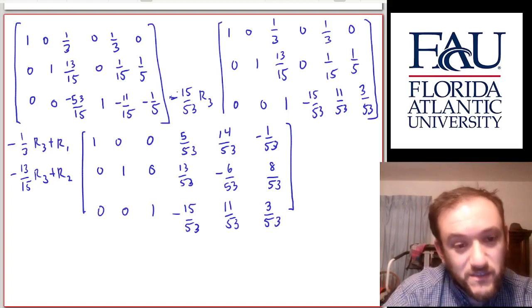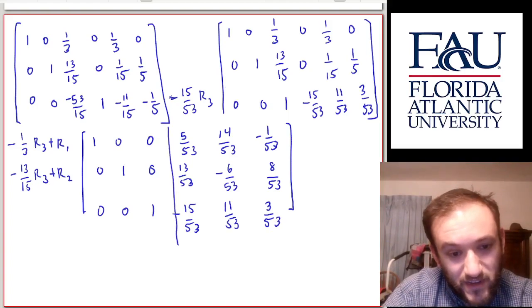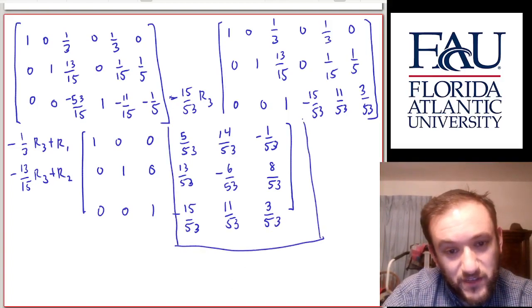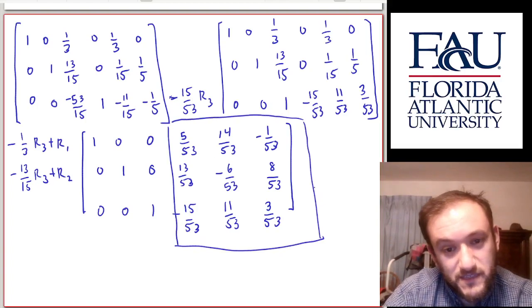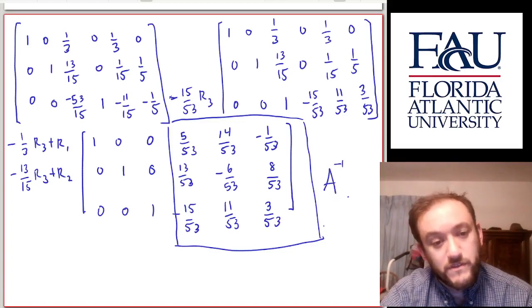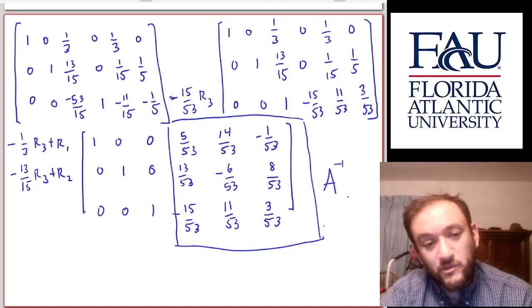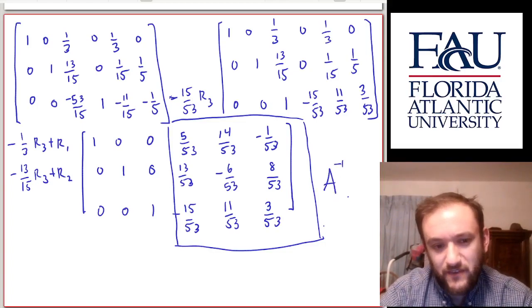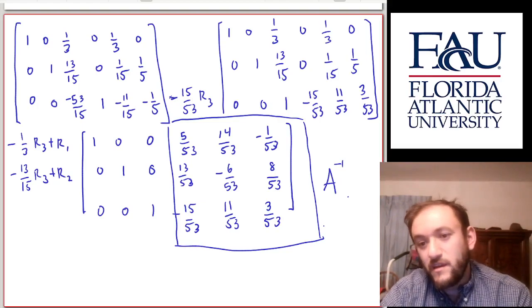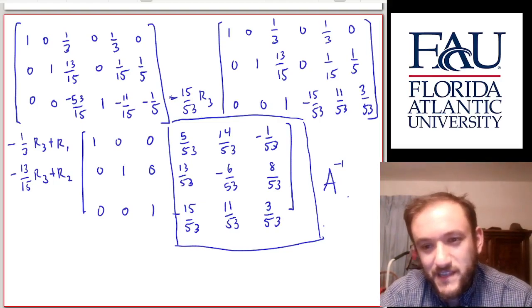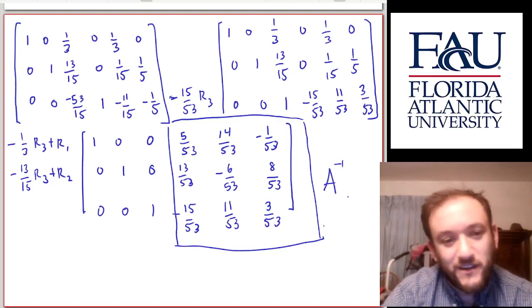Okay, and so the result of all of that computation is that our inverse matrix is here. This is our A inverse. You'll notice that all of the entries have 53 in the denominator. There's a reason for this, which we won't learn in this lecture, but we will eventually learn.